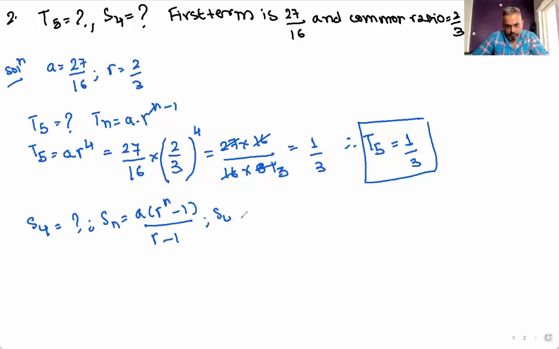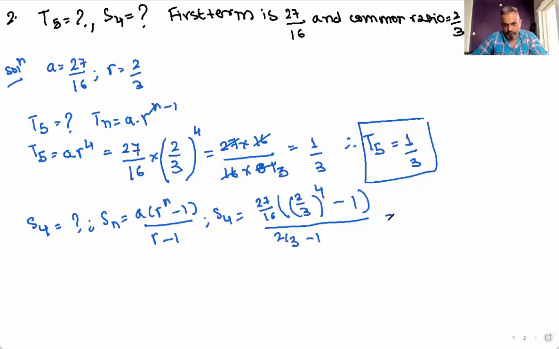So S4 is equal to A is 27 by 16 into R is 2 by 3 whole raised to 4 minus 1 upon 2 by 3 minus 1, which is equal to 27 by 16 into, in the denominator 2 by 3 minus 1, 3 ones are 3, 2 minus 3 is minus 1 by 3.